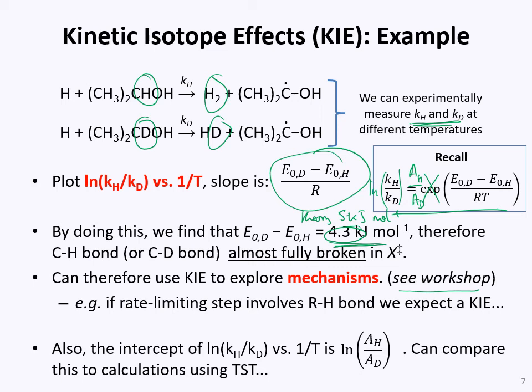It might be that it's not actually 0, and we can use that to understand how close it is to being correct. We can also compare it to calculations using transition state theory, to figure out whether we can get close to H and D values for our pre-exponential factors.